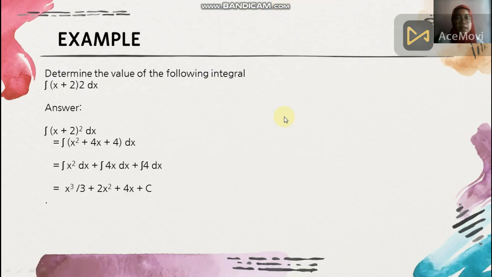Next example. Determine the value of the following integral: the indefinite integral of (x plus 2) squared.